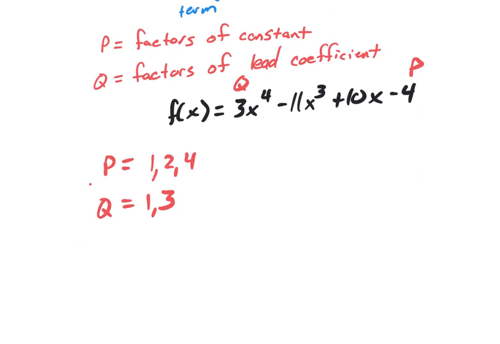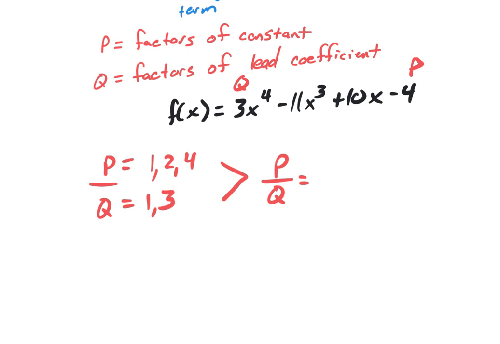And we're going to take all of our p-values and divide them by all of our q-values. So we're going to do p divided by q. And what I try to do here is organize it, and this could give me a really large list of possibilities. So I'm going to take all of the p-values and start by dividing them by 1.